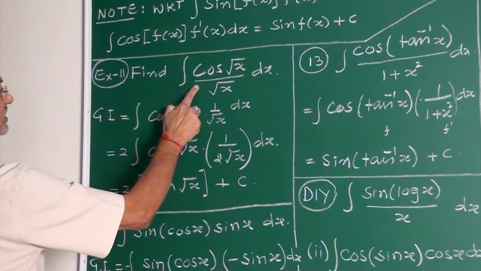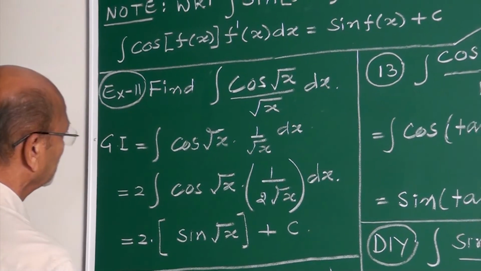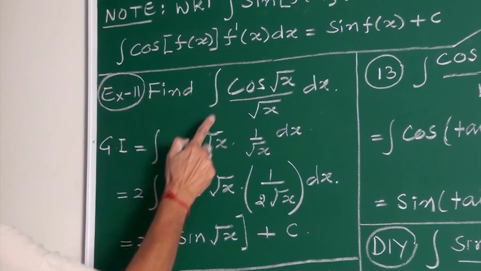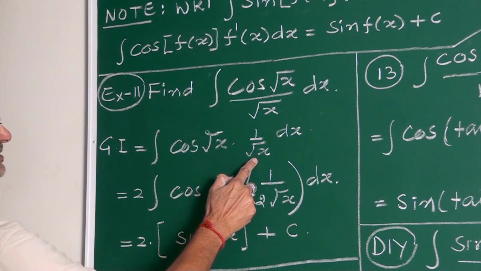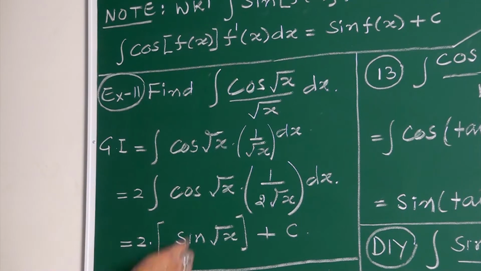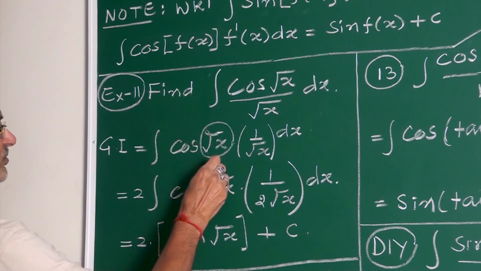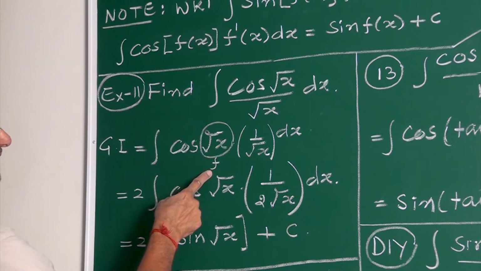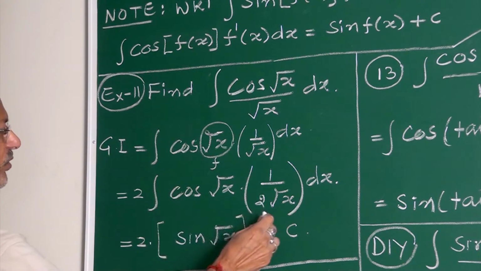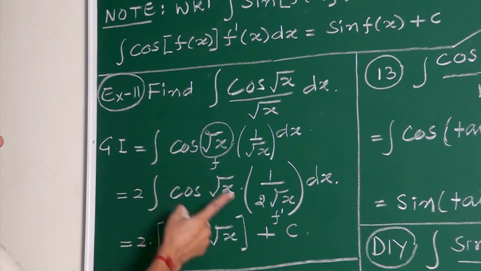Find the integral of cos root x upon root x dx. Given integral cos root x, write separately 1 by root x dx. Now, my friends, this is your f. What is f dash? Derivative of root x is 1 by 2 root x. If this is f, this is f dash.